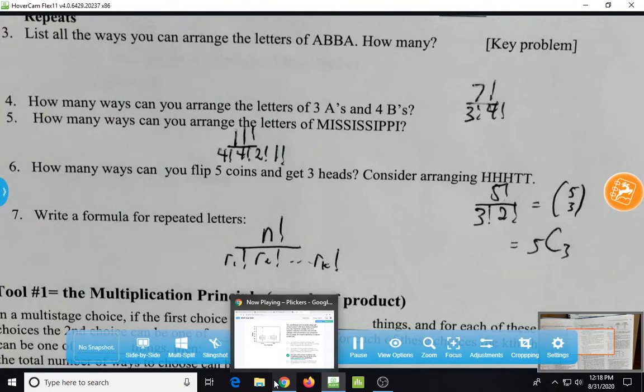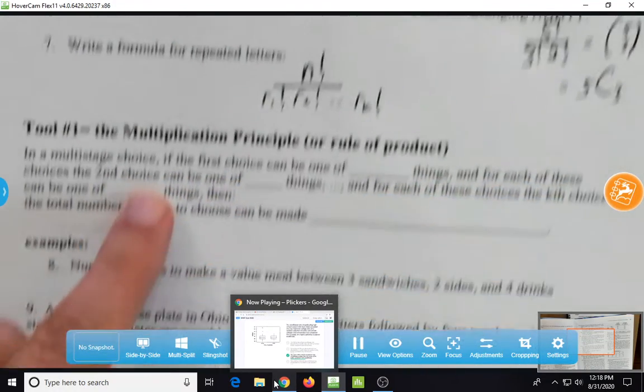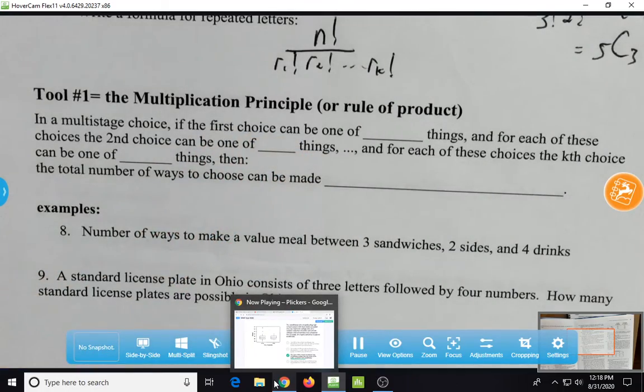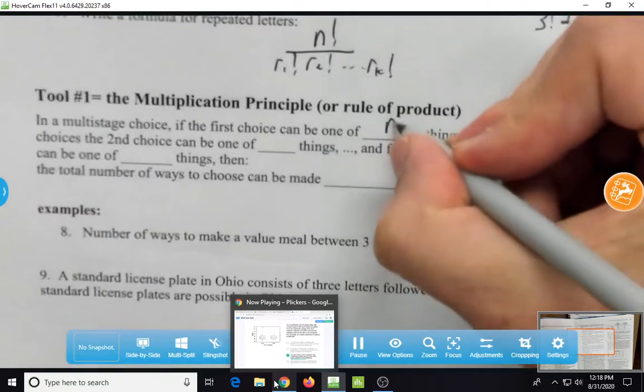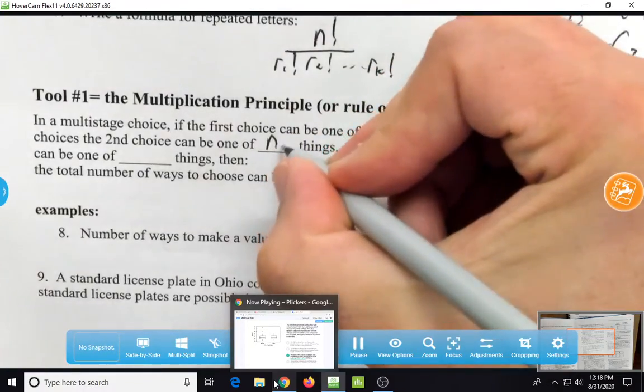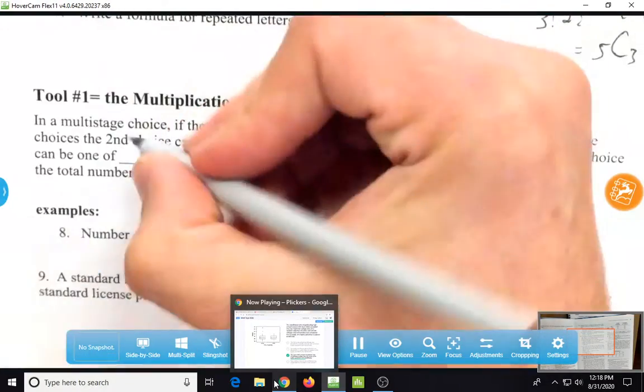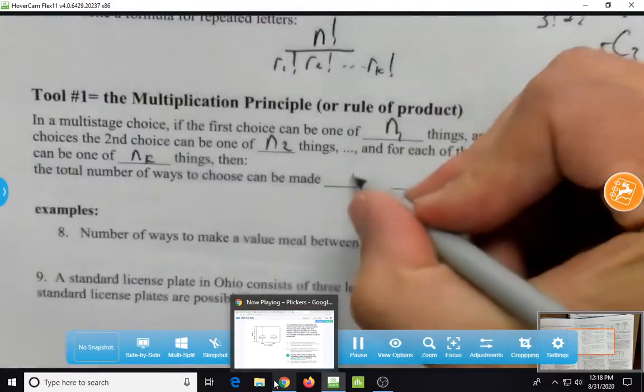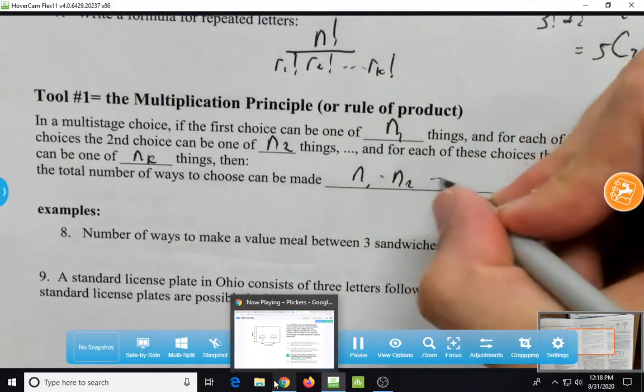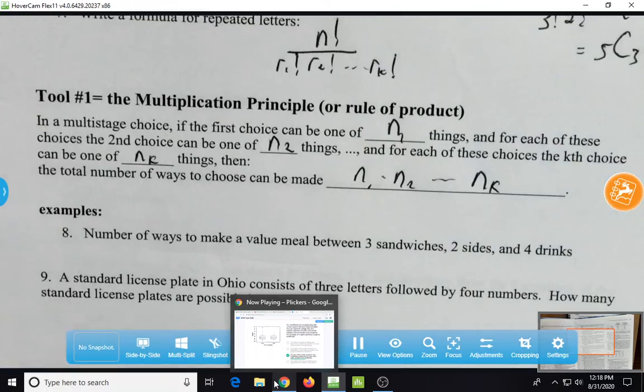And Asaga wins. Okay, so this is a situation where it's a trimmed tree, and so this principle won't work. And that principle is, in a multi-stage choice, if the first choice can be made in n1 ways, and for each of those choices the next one can be done n2 ways, and the kth choice could be nk ways, then we multiply n1 times n2 out to nk.